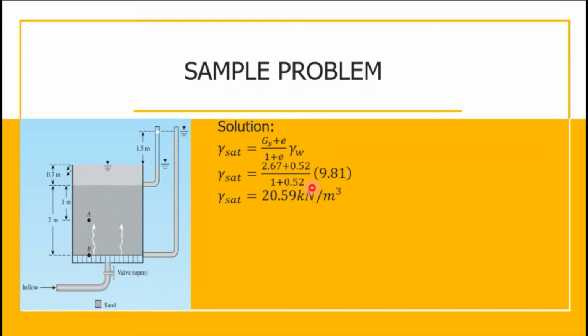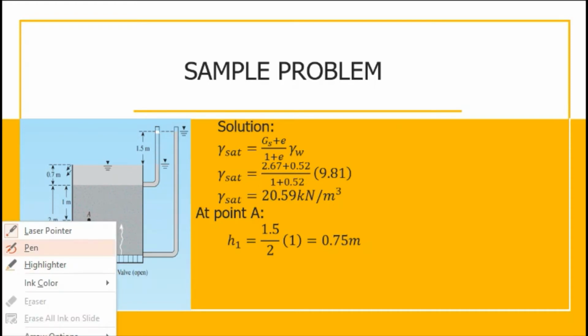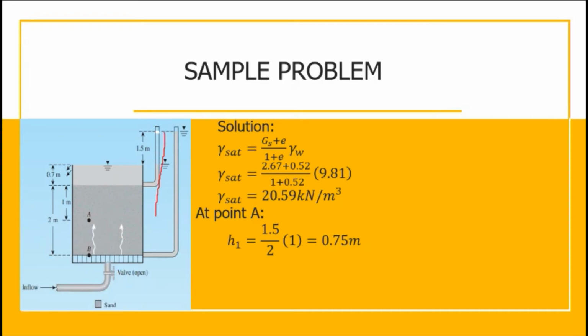So in order for us to get the effective stress at point A, we have to first get the seepage at point A. How? We have to draw a piezometer here. I'm sorry for my drawing.